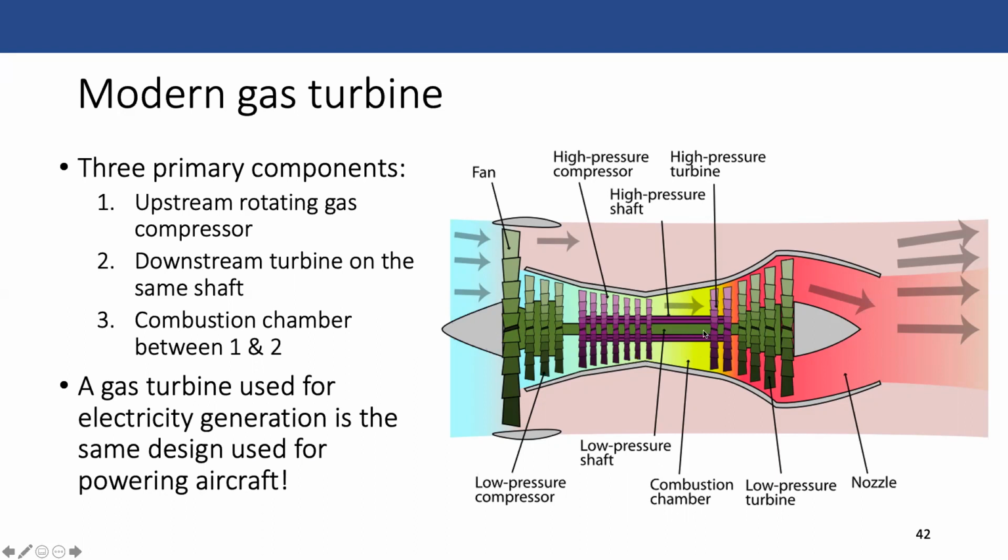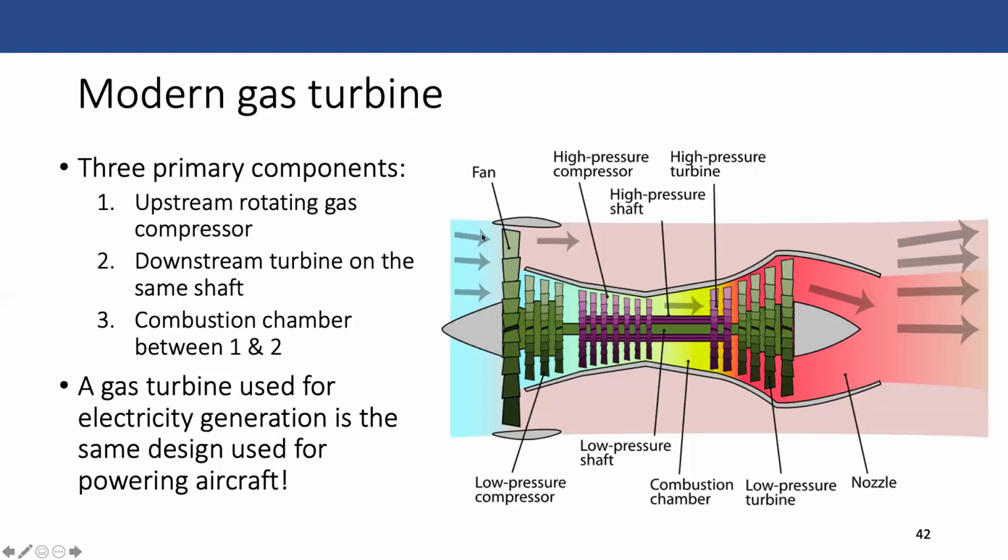And then you have a really hot stream of pretty fast-moving gases, and that gets ejected out of the turbine, and you are spinning the turbine, right? Which means that now you can produce electricity.